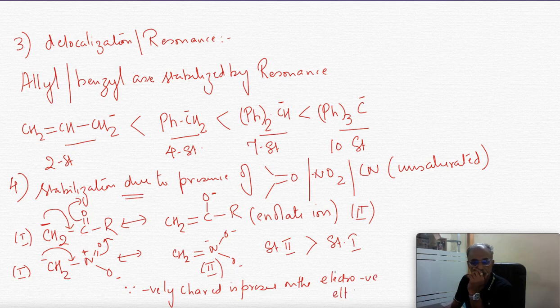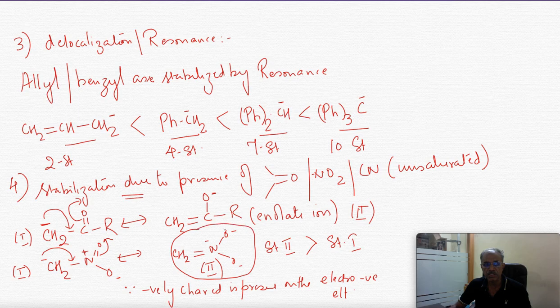From my previous lectures, you have understood what these short forms mean, negatively is written by minus. In this structure, the negative charge is present on electronegative element O, and here also it is present on electronegative element O. So the presence of negative charge on the electronegative element imparts more stability to that particular ion.